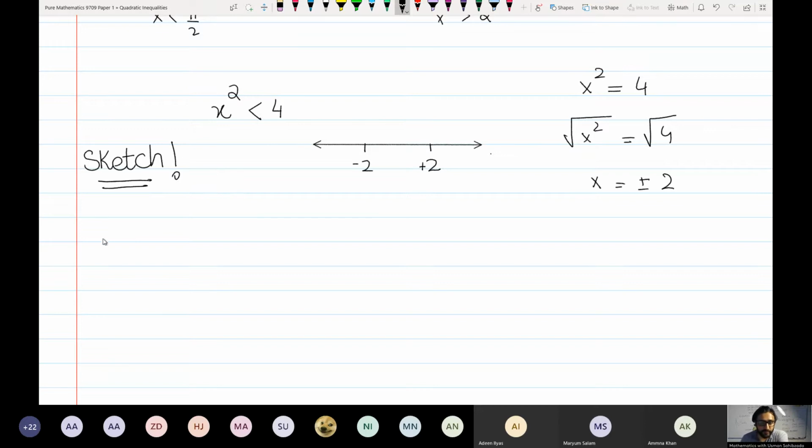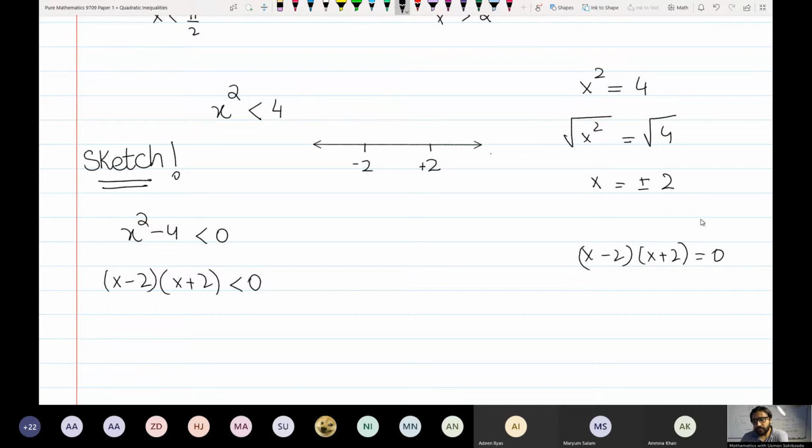Okay, how would we sketch? What are the steps? x squared minus 4 less than 0. Rewrite it: x minus 2, x plus 2 less than 0. Solve x minus 2, x plus 2 equal to 0. Or I could have just done x squared equals 4, ignoring the inequality.